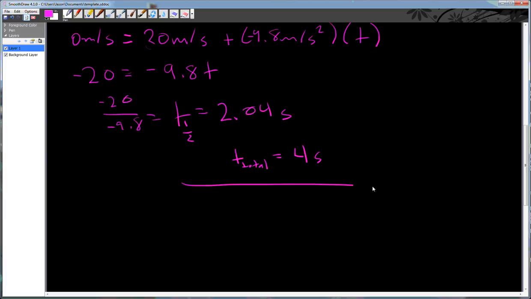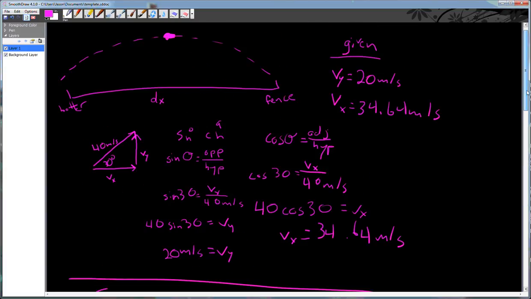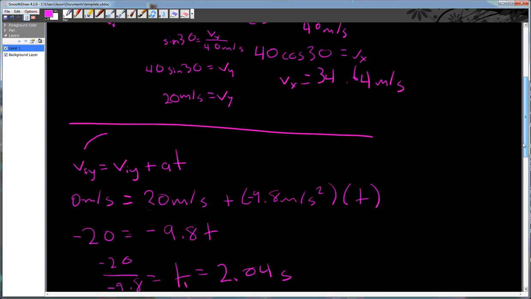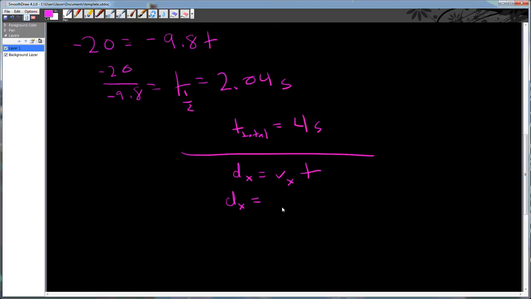And then we can use our trusty dx equals vx times t. Our dx is going to be equal to, what was our vx? Let's go up and check. Our vx was 34.64 meters per second, times our time, which was 4 seconds. dx is 34.64 meters per second times 4 seconds.